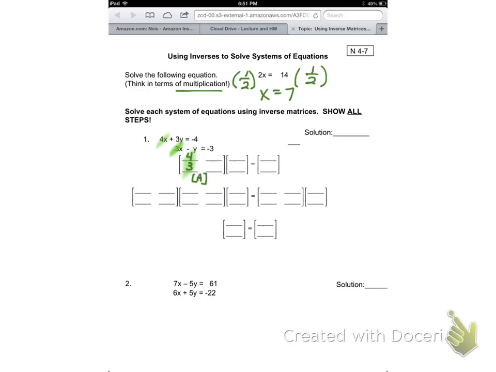Now in the next one, we're going to put these numbers in this column, in the Y column. I'll mark it in red.